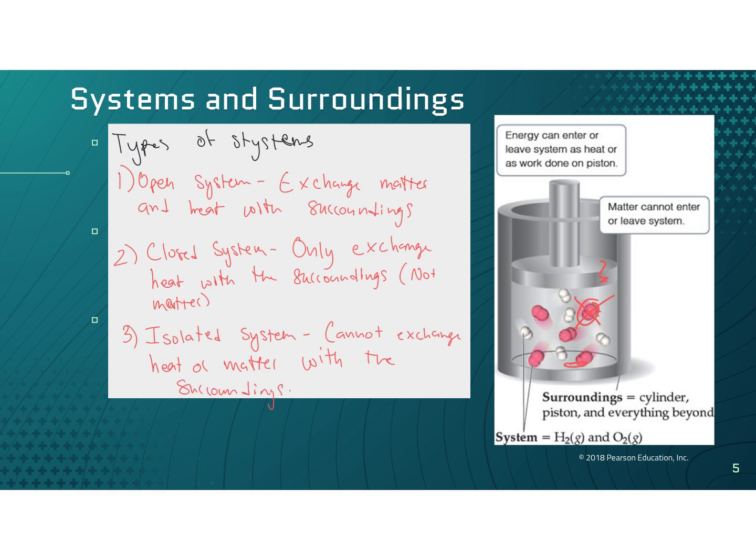And so depending on the type of system that you're analyzing, we might have different scenarios happen where you can have heat or matter exchanging with the surroundings. The biggest things to remember: in an open system, we can have both matter and heat. In a closed system, it's only heat. In an isolated system, you cannot exchange anything.